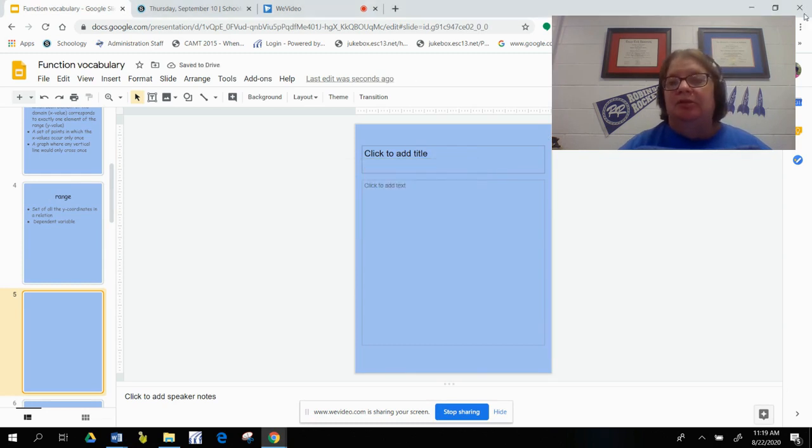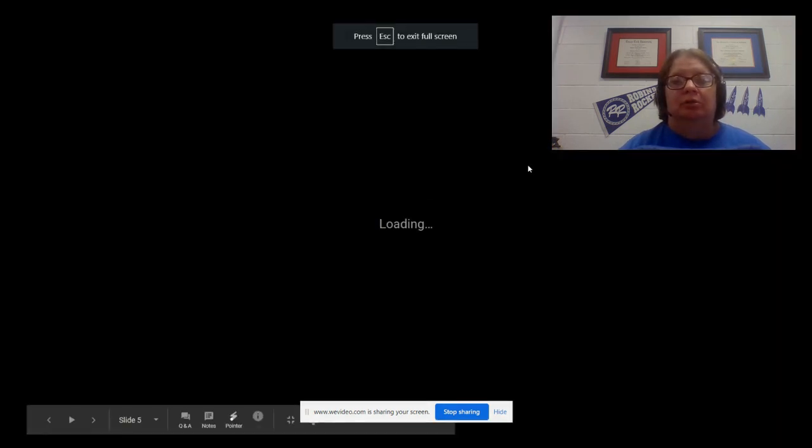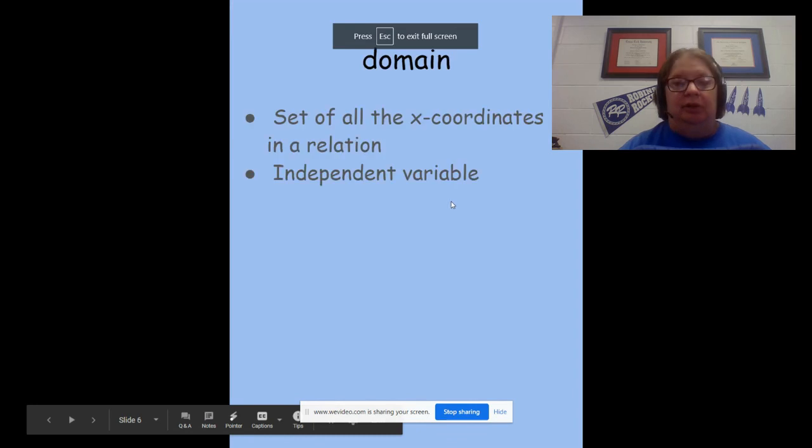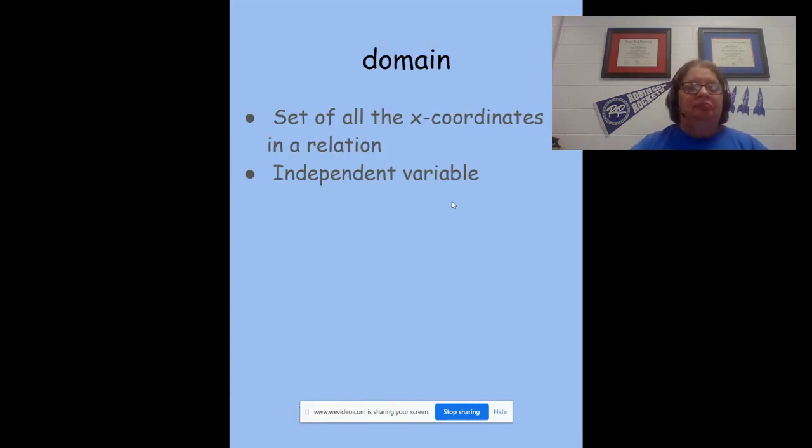The domain is the next word. It is the set of all x coordinates, or we said another word for that was input.